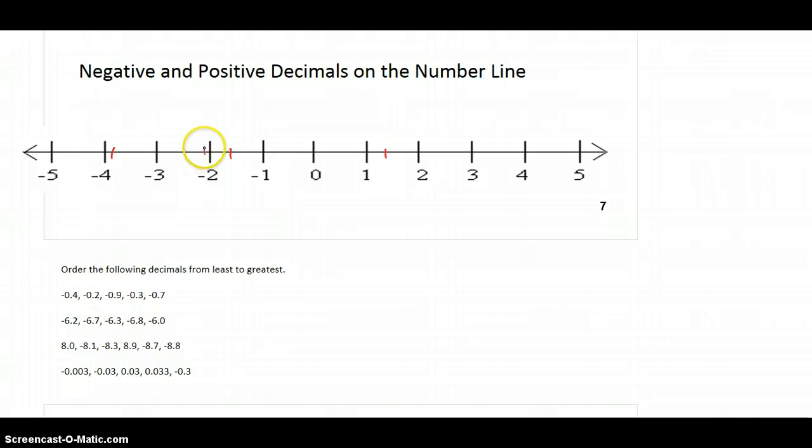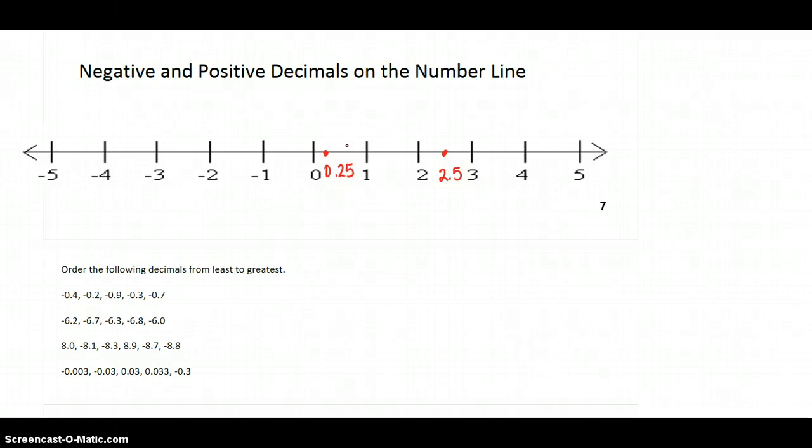Anywhere in between the lines that land on numbers here is going to be a decimal. For example, let's say I wanted to find 2.5. That's a pretty easy decimal, so that would be about right there, 2.5. If I wanted to find 0.25, that's the same as a fourth, so that's about right here.